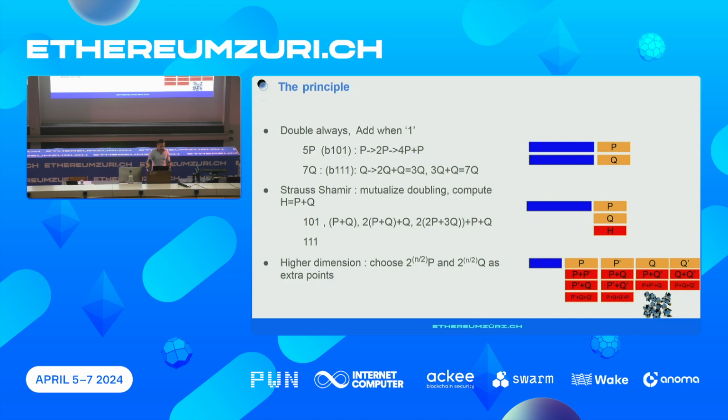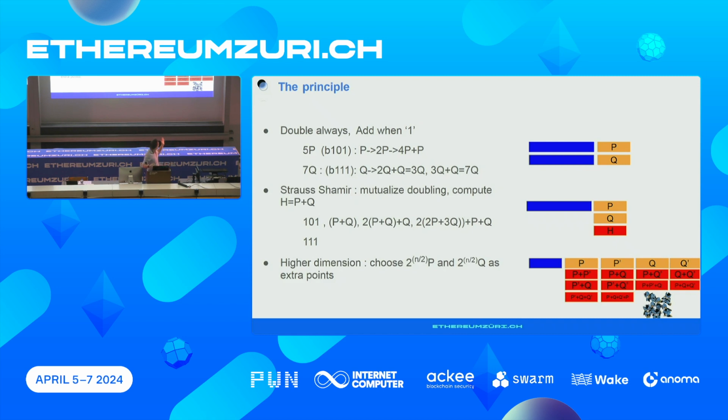The idea of the Strauss-Shamir trick is to mutualize the doubling. So you perform only one doubling, and you will perform only one addition.